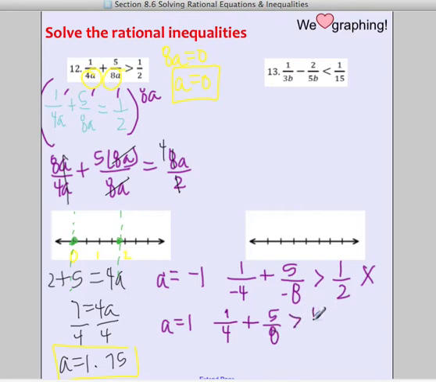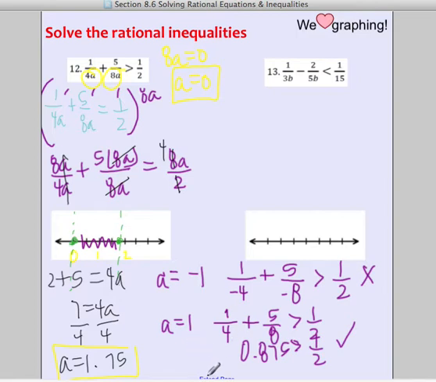And we want to know, is that greater than 1/2? Well, 1/4 plus 5/8 gives me 0.875 on the left-hand side. So yes, that is greater than 1/2. That means it works, so you're going to shade this part of the inequality.